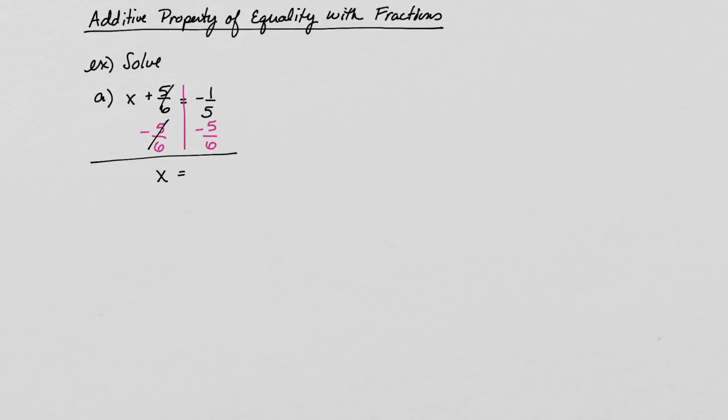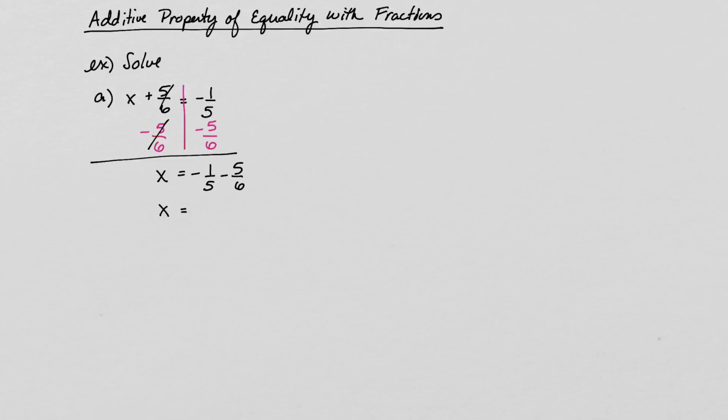And now I have to do negative 1/5 minus 5/6. You could go through and find a common denominator and all that stuff, but I'm just going to punch it in my calculator because there is no reason that I should have to do that by hand.